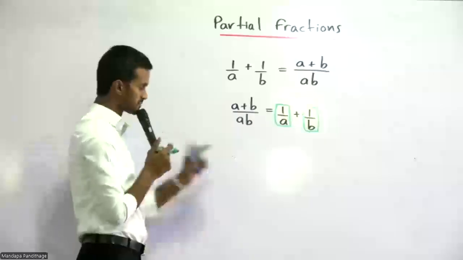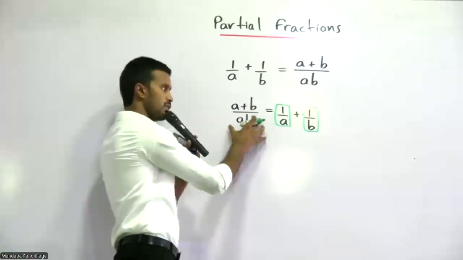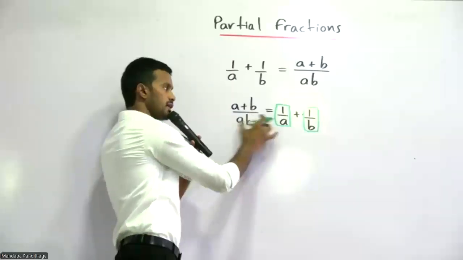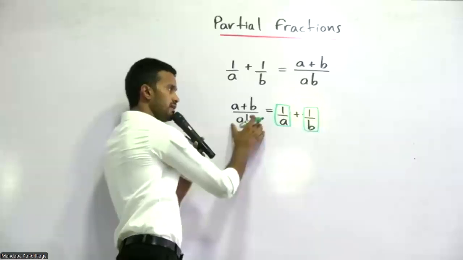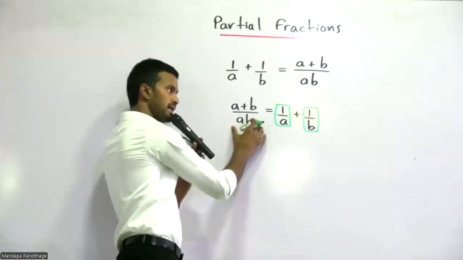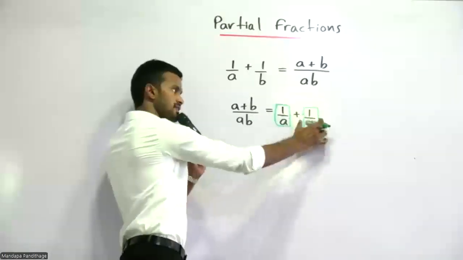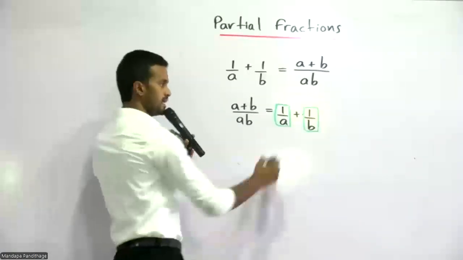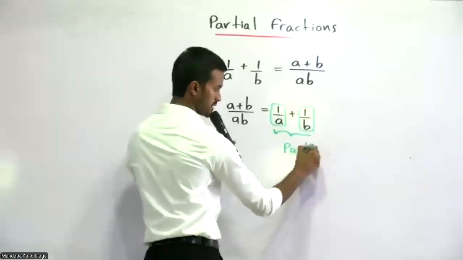So when we break down or split a fractional expression into the initial fractions that it was made of, we consider these fractions as partial fractions.